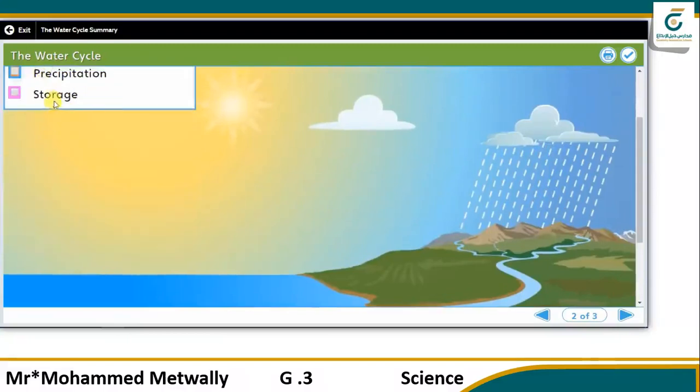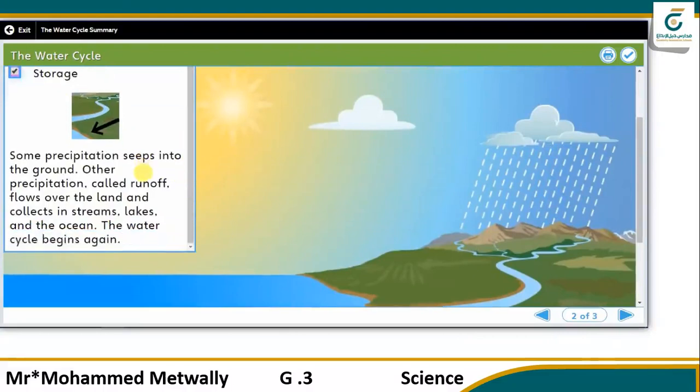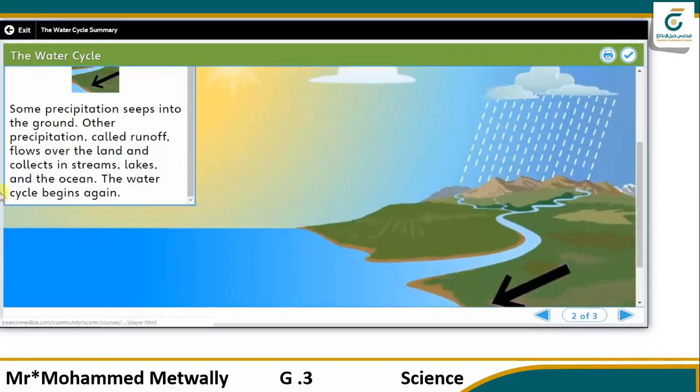Turning to the last part of the water cycle, here is storage. In storage, the arrow here represents the flow of the water after it falls on the ground. It can be stored when it falls and flows in the ground. So precipitation, called runoff, flows over the land and collects in streams, lakes, and the ocean.